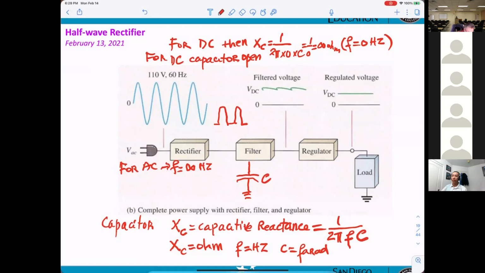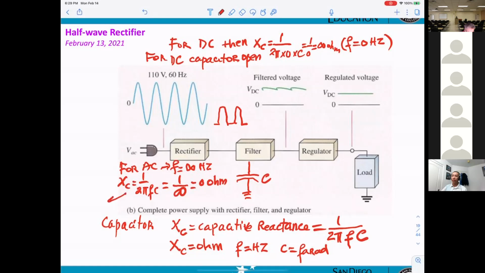Now you can calculate XC, 1 over 2 pi F C, equals whatever times infinity, and that tells you 0 ohm. 0 ohm means the capacitor will be shorted for AC, just like a wire.